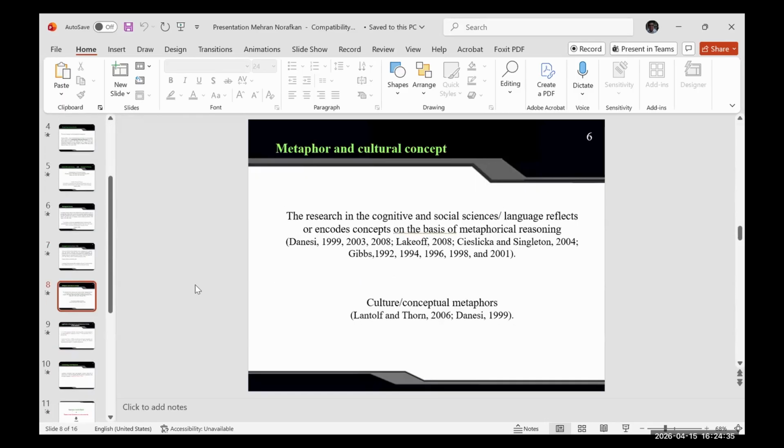Here, I'd like to emphasize the role of metaphor in the development of cultural concepts and in supporting conceptual skill development. Research in the cognitive and social sciences shows that languages reflect or encode concepts on the basis of metaphorical reasoning, and this has been studied over time. So we have a direct relationship between culture and conceptual metaphors.